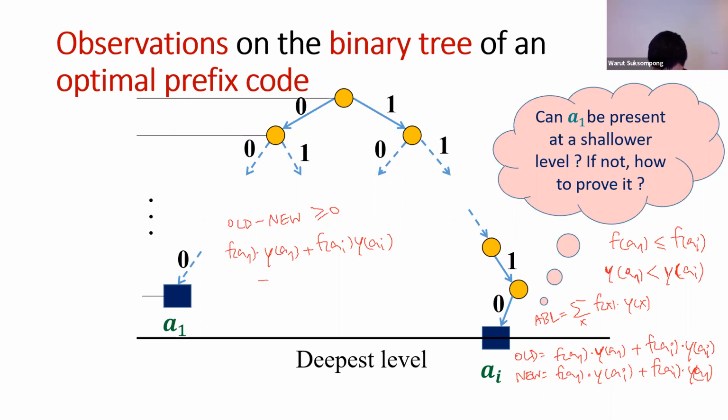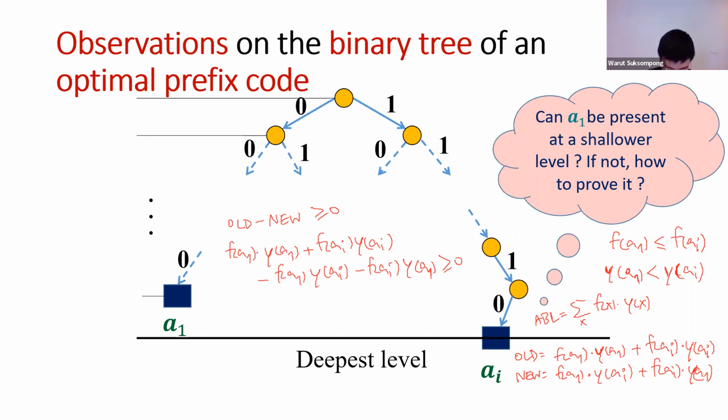Then we subtract the new: minus f of A1 gamma AI, minus f of AI gamma A1. We want to show this is at least 0.